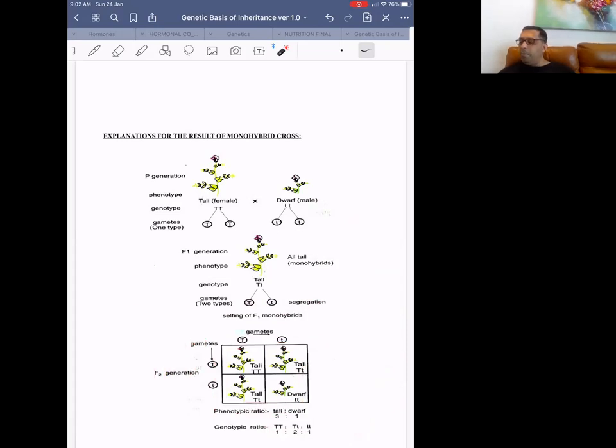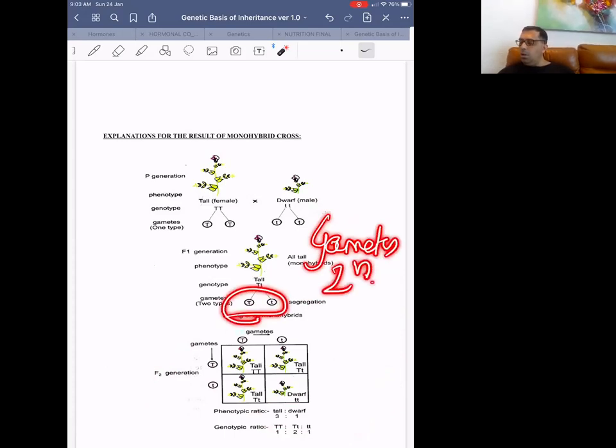So once again, the number of gametes is 2 raised to n, where n is equal to 1.